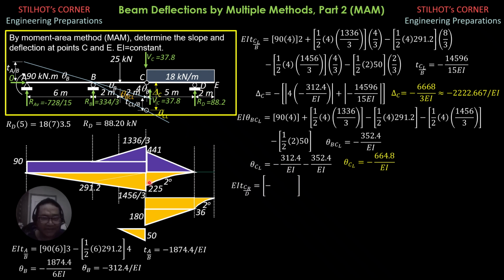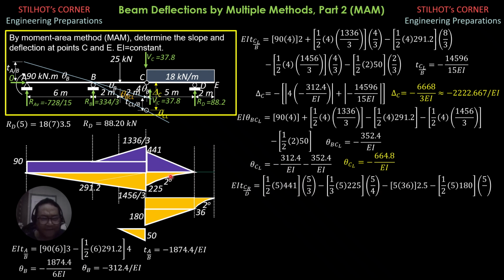So that's the moment of areas between C and D with respect to C. So EI times the deviation of C right relative to the tangent at D: there's only one positive area. 1/2 of 5 times 441 times 5/3, minus 1/3 of 5 times 225 times 5/4, then minus 36 times 5 times 2.5, minus 1/2 of 5 times 180 times 5/3.